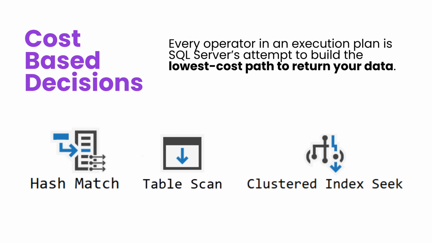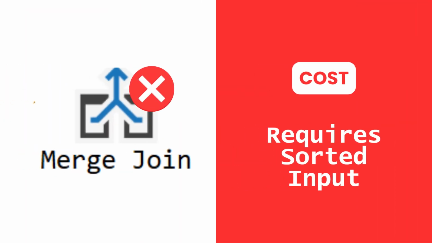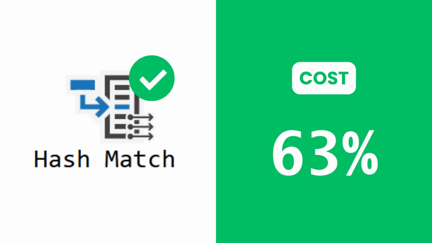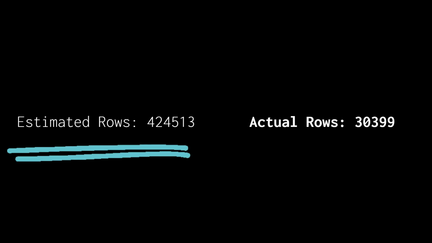Every join, every scan, every seek. It's basically SQL Server saying, here's the path I thought was cheapest. And that word matters. Thought. Because SQL Server makes decisions using estimates, not reality.